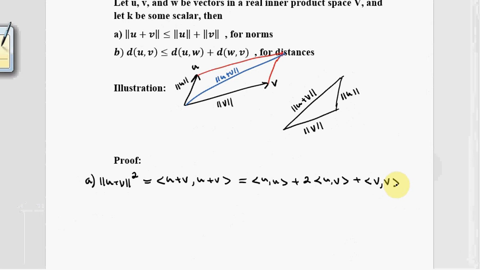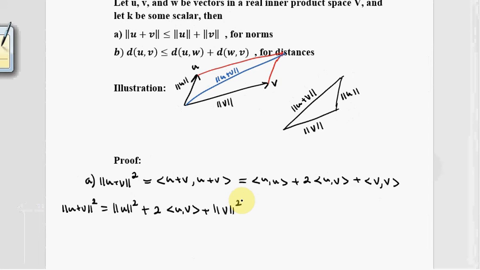All right. Now, start here. Just write the beginning again. This is equal to, now this inner product of u with itself is the same thing as the norm of u squared, plus 2 times the inner product of u and v, plus the norm of v squared.